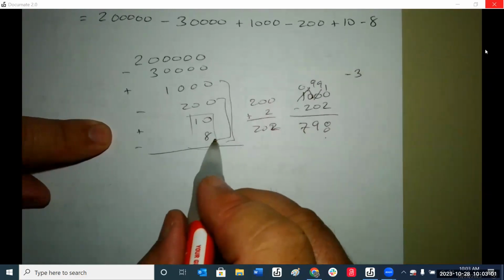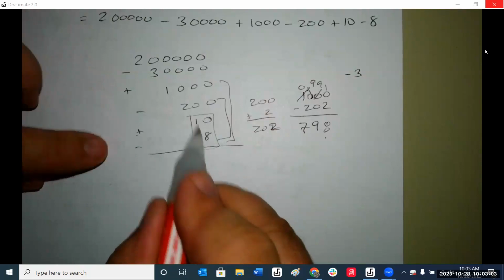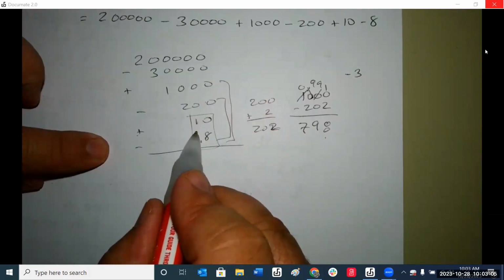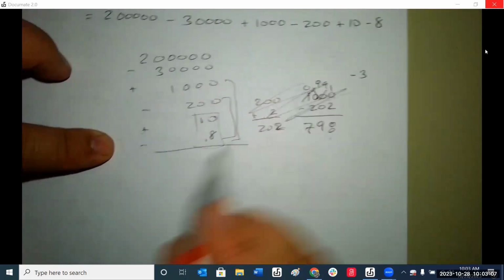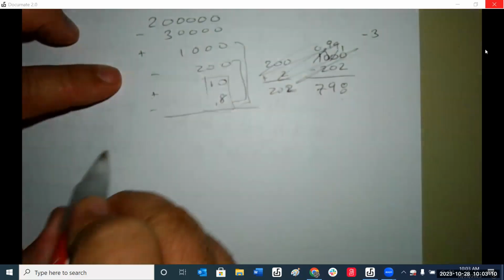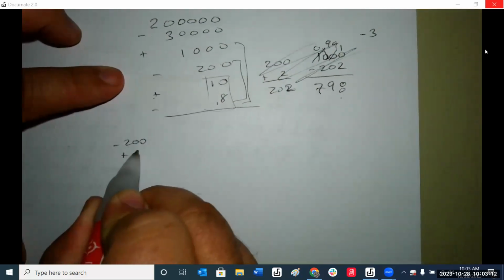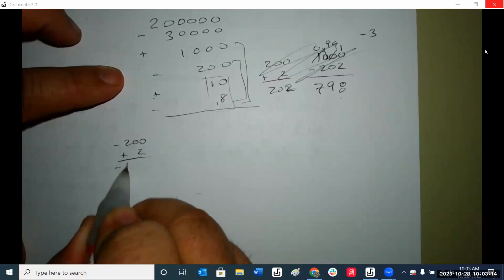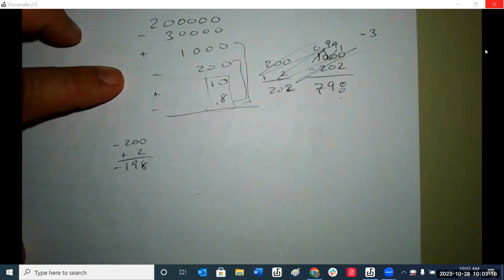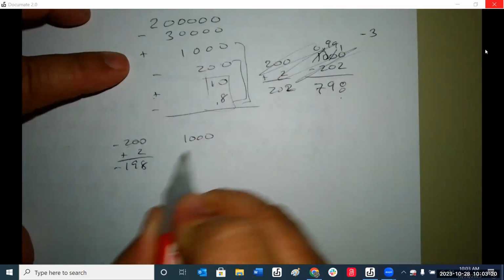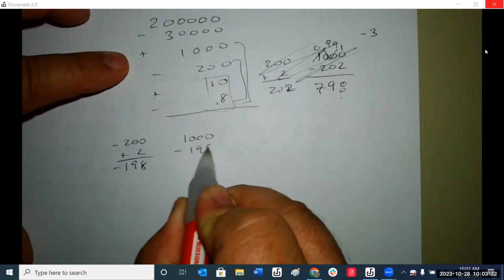No, this. Oops. That's a positive 2. This would be a negative 198. So that's a positive 2. So it's negative 200 plus 2 is a negative 198. Take a positive 1000 minus 198.